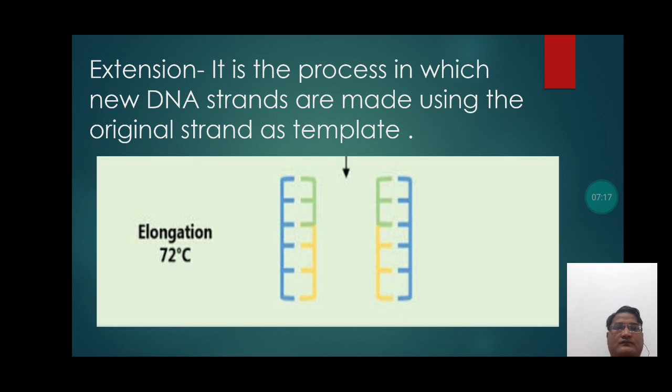Extension. It is a process in which new DNA strands are made using the original strand as template.